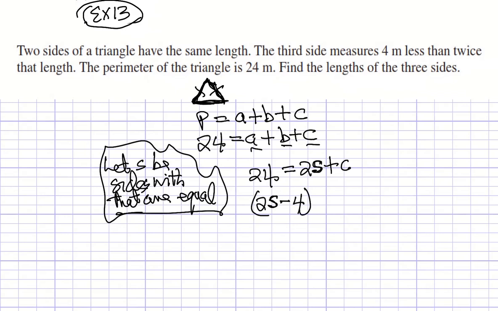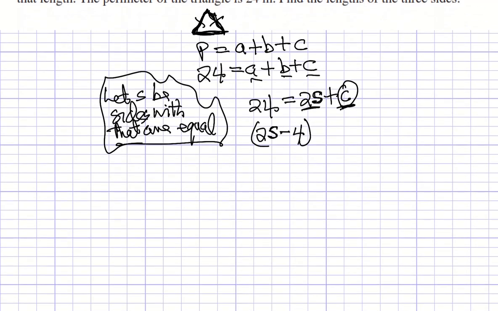So this is the third side, because these two sides are equal. Let's replace that in the equation: 24 is equal to 2s plus 2s minus 4.